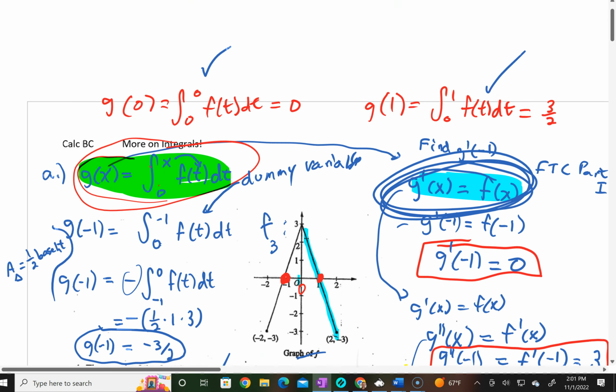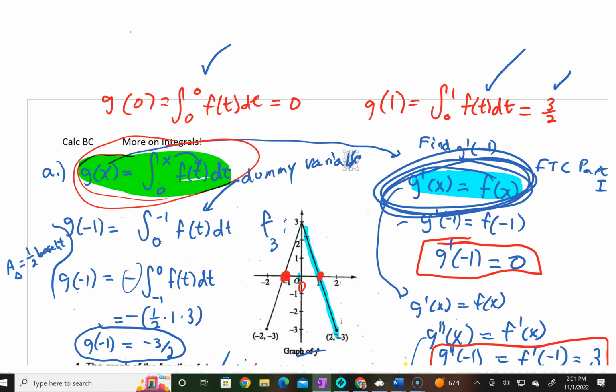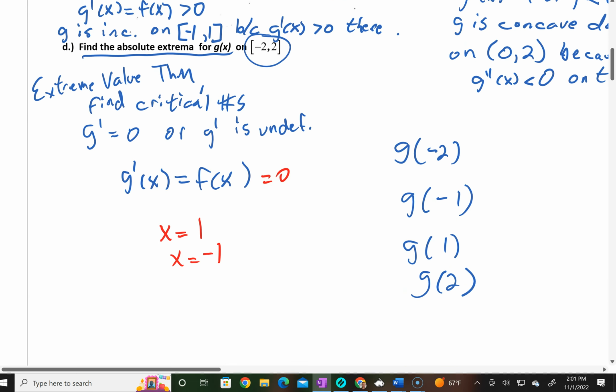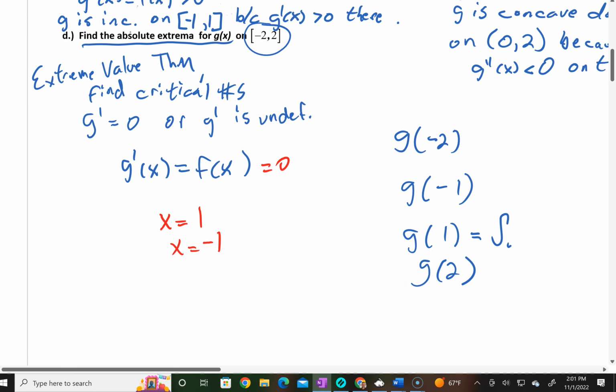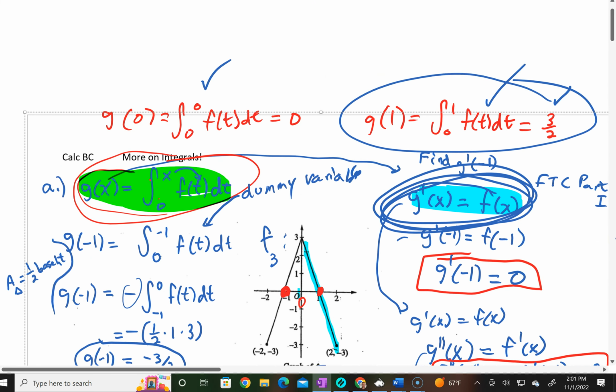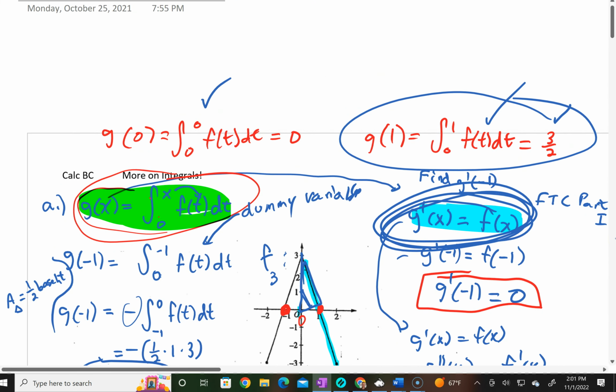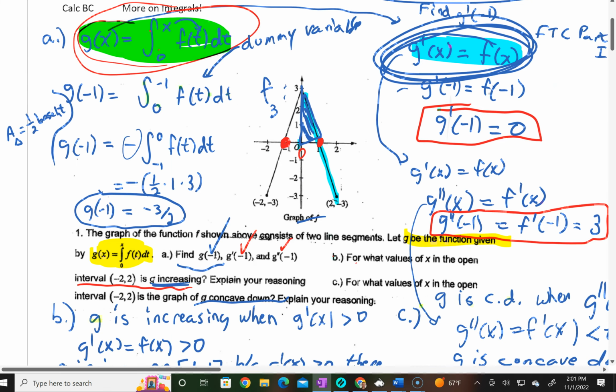But hey, look at this. The G of 1, you could say we already worked that out. You know, that's when Kai asked about that. You know, G of 1, you said, hey, it was the integral from 0 to 1 of f of t dt. You said, hey, that was your triangle. You know, and that's that triangle that we had right in here. And I'll just do that, right, from 0 to 1.